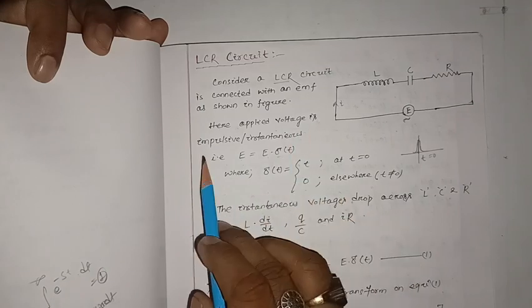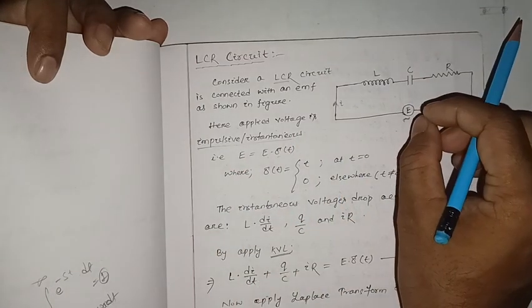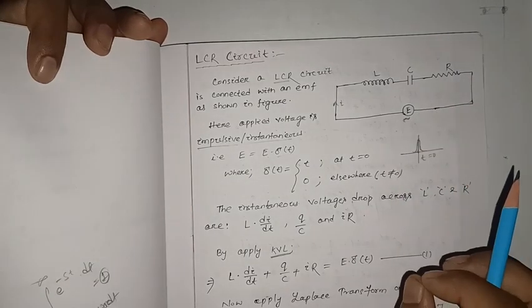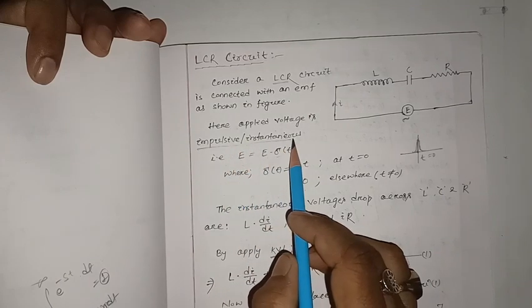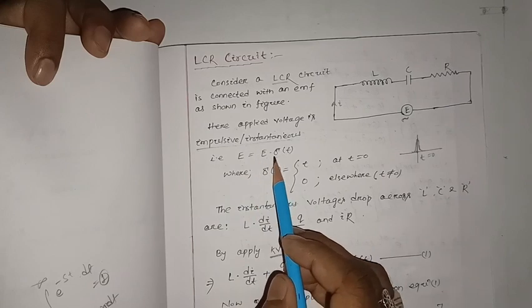Here the applied voltage is an impulse or instantaneous. For a short time period, this E will be applied then removed. So only for that it is written as impulse or instantaneous. Only for that, E can be represented as E into a delta function.